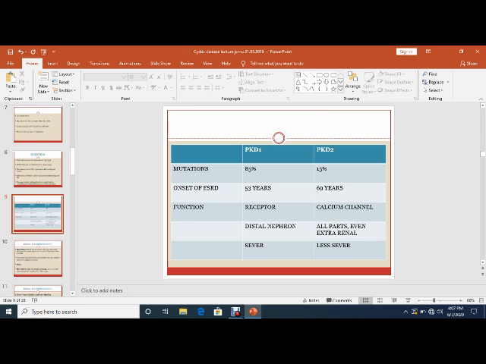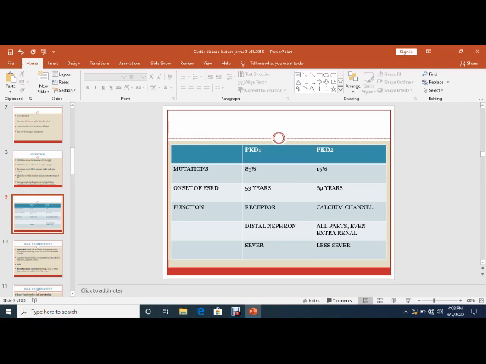This slide shows the difference between PKD1 and PKD2. If you see, the mutation is more common in PKD1, 85%, and 15% PKD2. That is why the severe form and early presentation in PKD1. Onset of end-stage renal disease is sometimes in the adult stage of life, around 50, and in PKD2 near to 70.